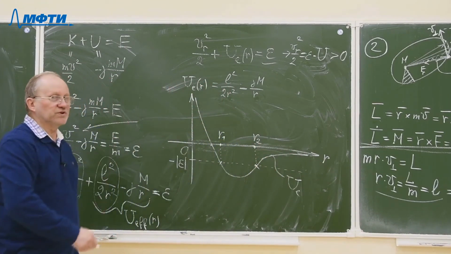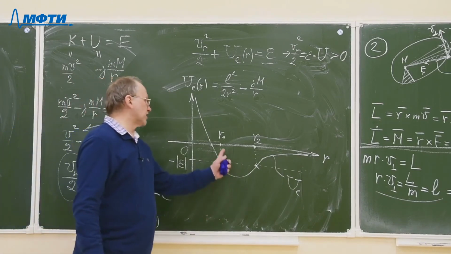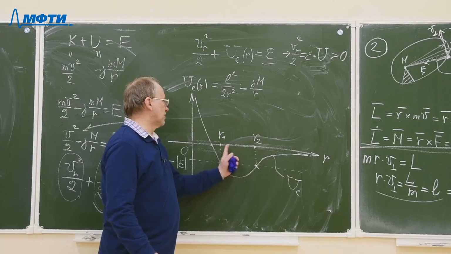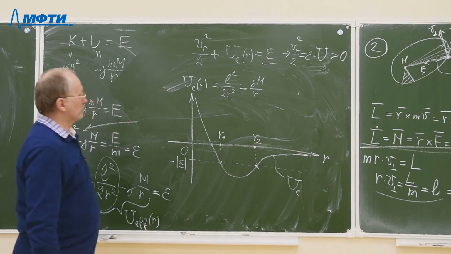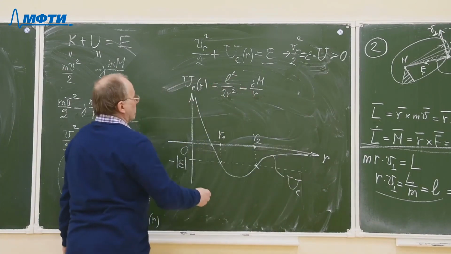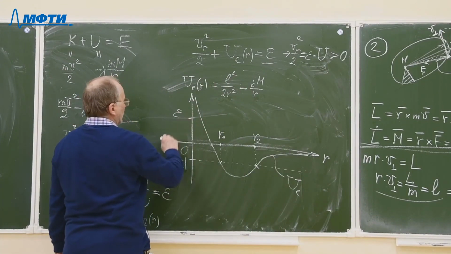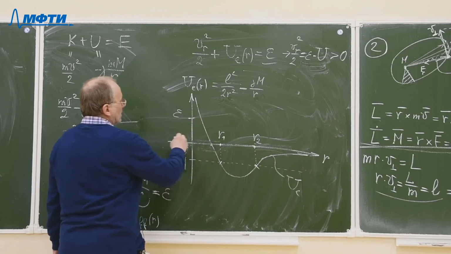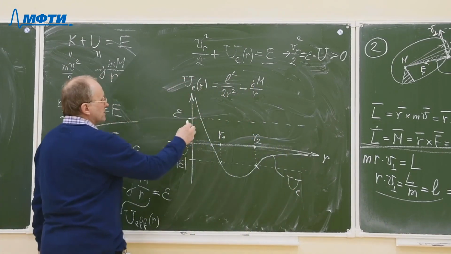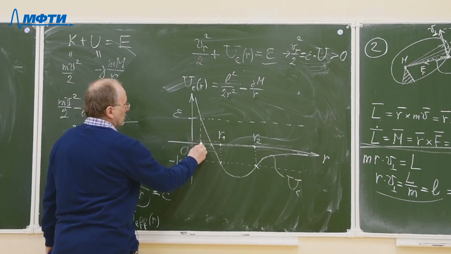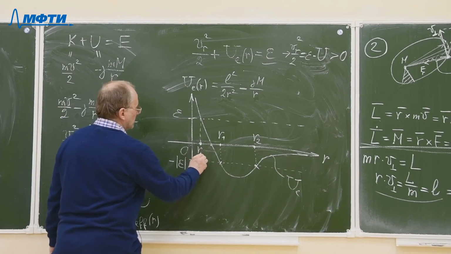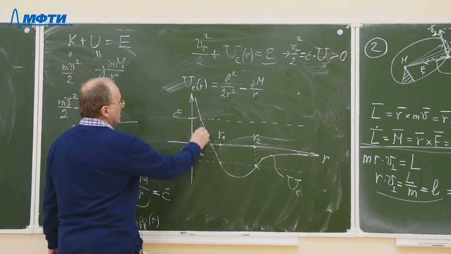The planet will move in an elliptical trajectory so that the distance from the planet to the sun will change within this section. If on the other side this quantity is larger than 0, then any distance larger than this minimum distance is possible.